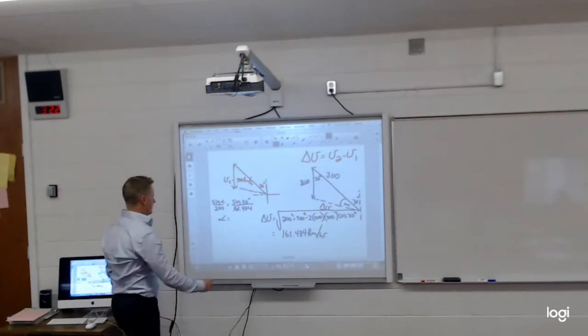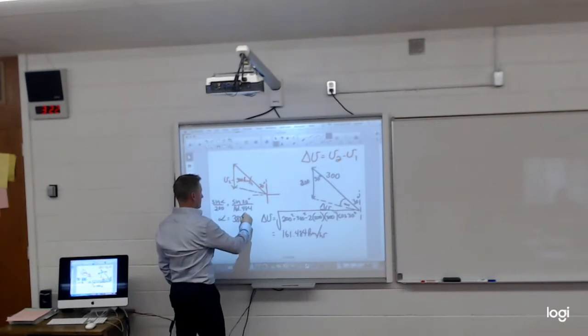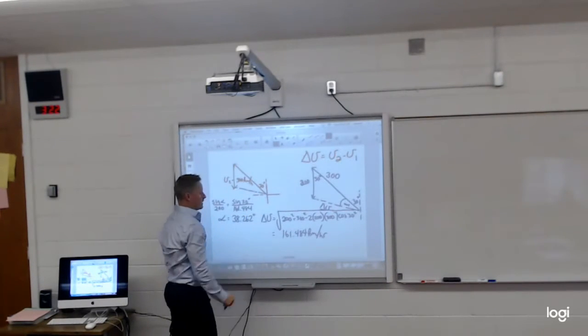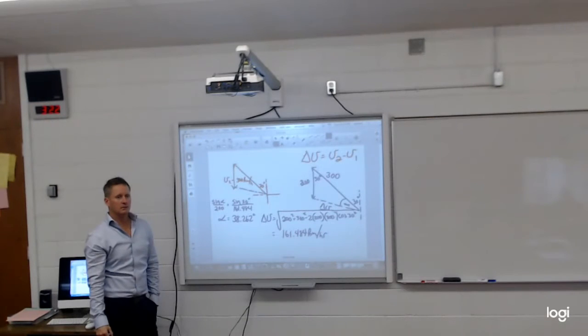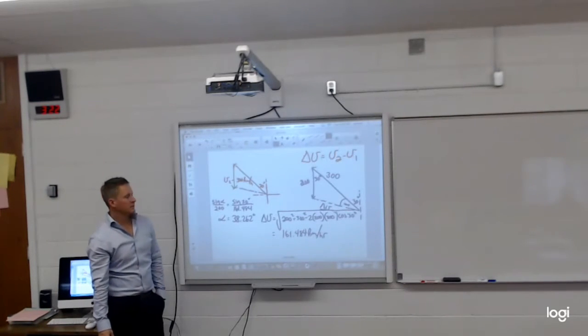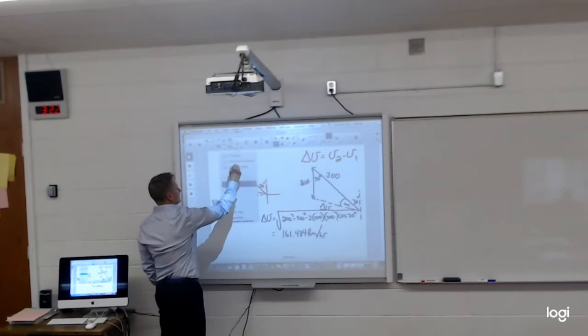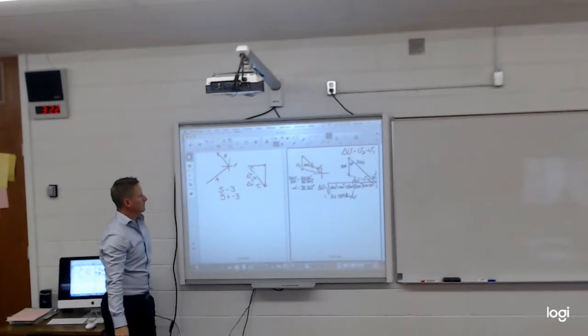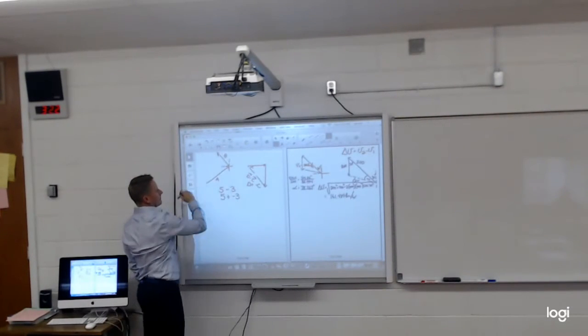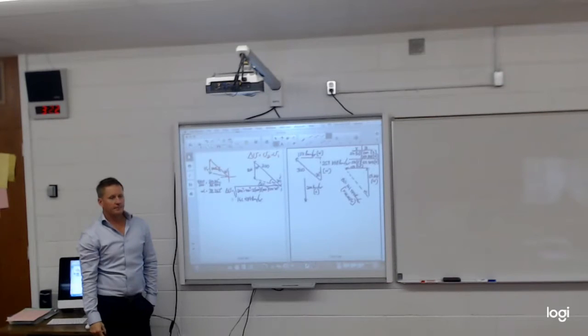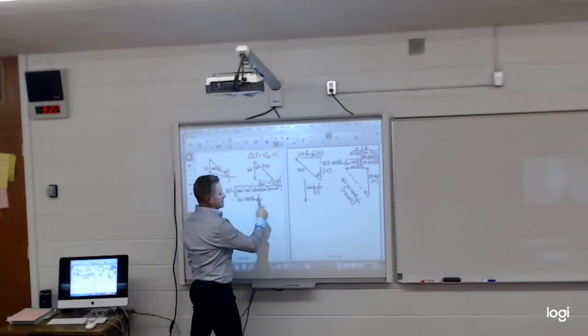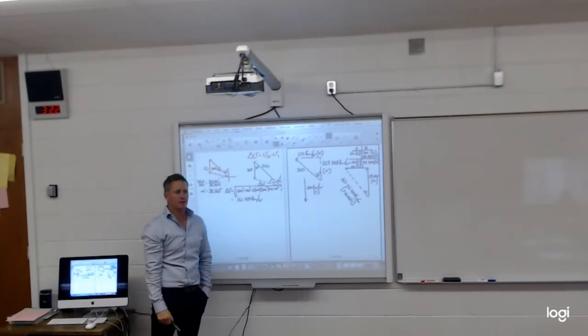38.262. That's what I got. Was that what we got on the last page for the angle? No, 68. Oh, we're finding the other one. But your angle's not right at the ground, it's up a little bit, right? So I think that's got something to do with it. 38.262, 68.262.